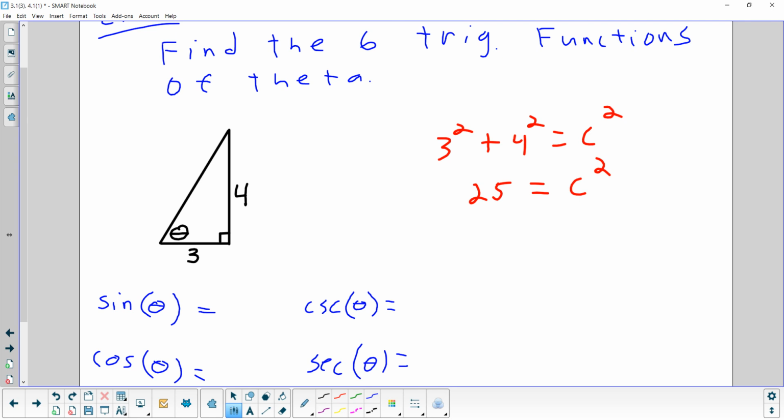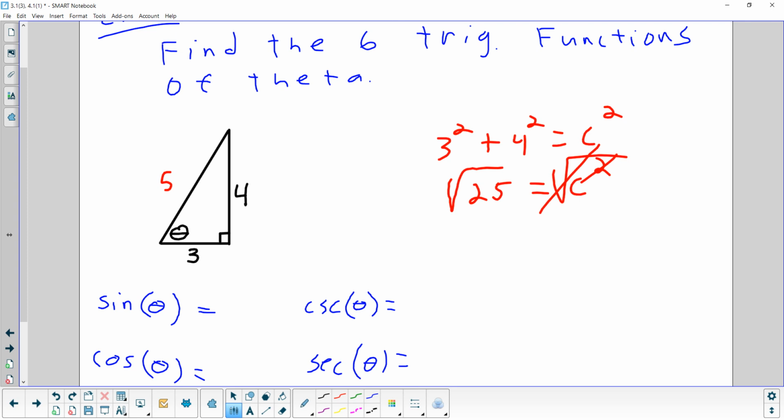So how do you get rid of this exponent of 2? To undo the square, we've got to do the square root. Good. So square and square root cancel, and what are you left with on the other side? No. Careful. 5. Square root of 25 gives me 5.